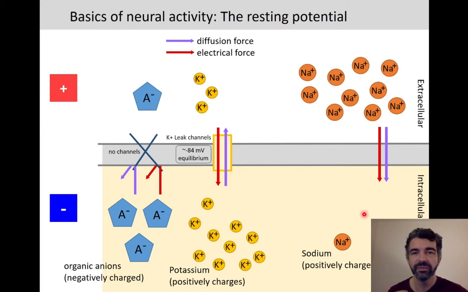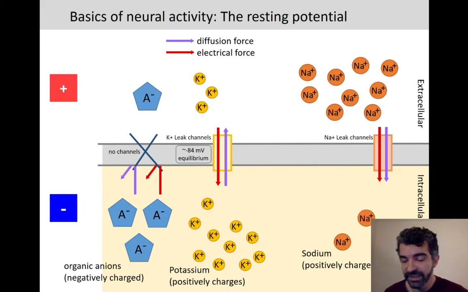So again, both forces working in the same direction, and there's Na+ leak channels, but because Na+ is a bit larger, it has more trouble going inside, which in practicality means that it takes longer. There's just less of an influx per time compared to K+.